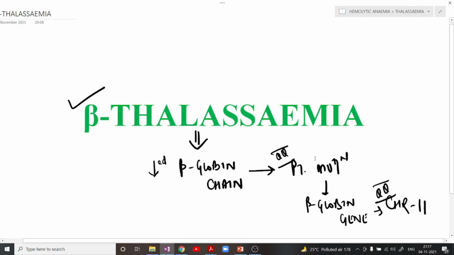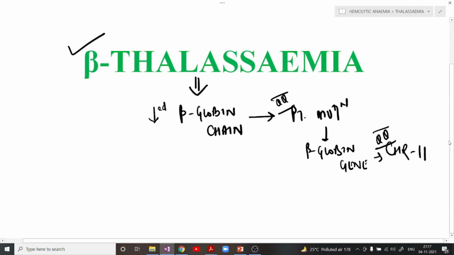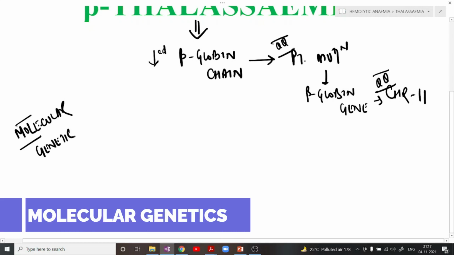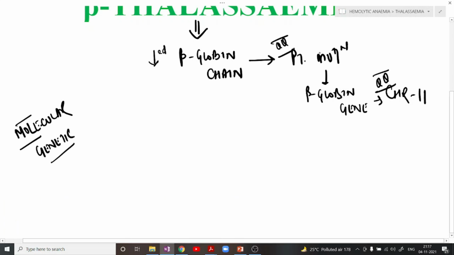Now let us see, there are two kinds of mutation which take place in case of beta thalassemia. Let us try to understand. So first we discuss the molecular genetics of thalassemia. Now you must have heard that I have been speaking about point mutation. So what kind of point mutation is involving the beta gene?